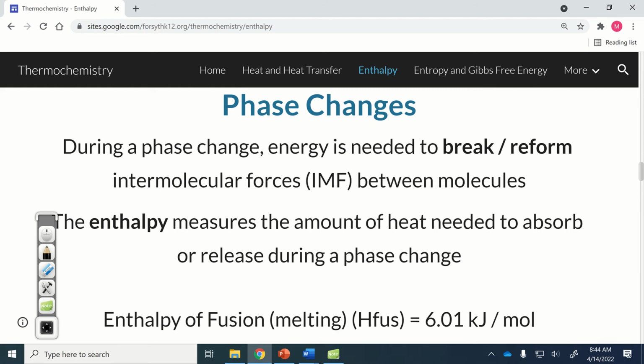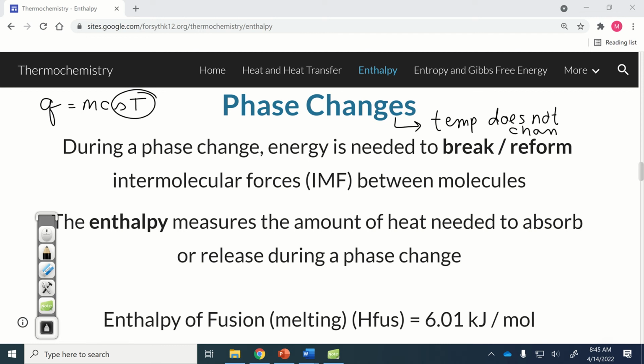So the enthalpy is going to be used during phase changes. We use specific heat, Q equals mc delta T, when the temperature changes. But during a phase change, the temperature does not change. And again, this will probably be reviewed in another video later.